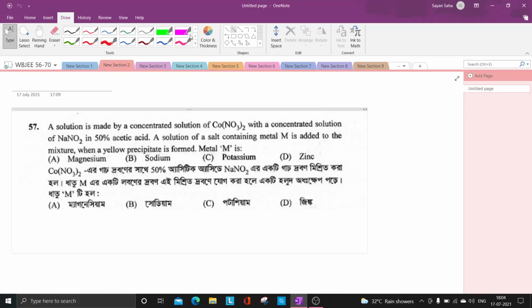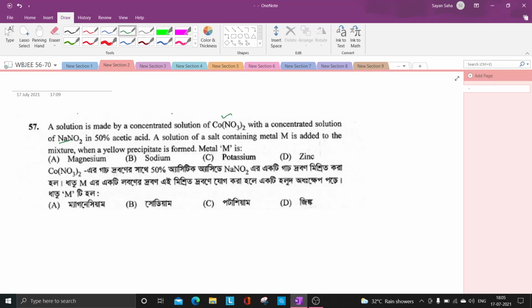See, in this question it is asked: a solution is made by a concentrated solution of cobalt nitrate with a concentrated solution of sodium nitrite in 50% acetic acid.